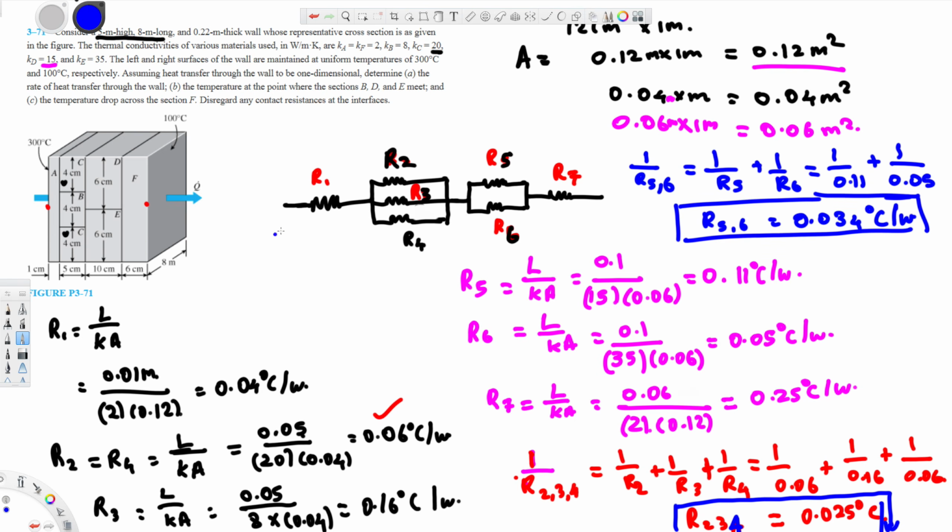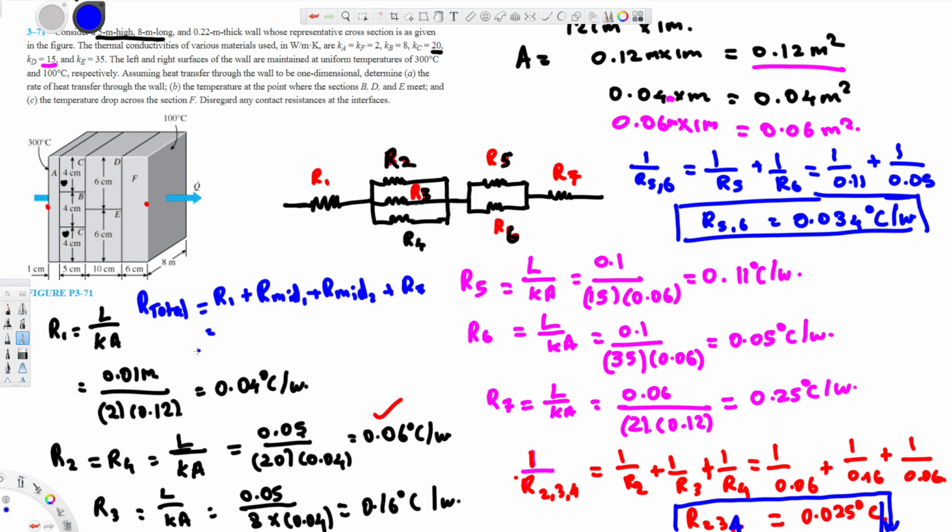Now we have calculated and combined this part and this part, and now all of them are in series. If I add these two and R1 and R7, that's going to be the total resistance. Let's go ahead and add them. Let's write the generic equation first: R total is going to be R1 plus R mid 1 plus R mid 2 plus R7.